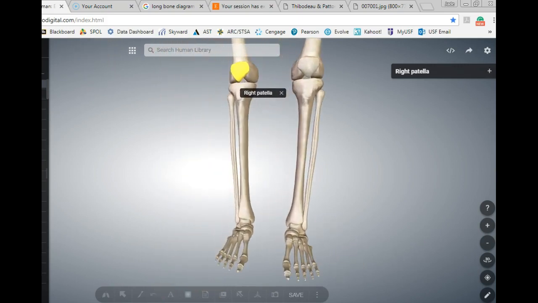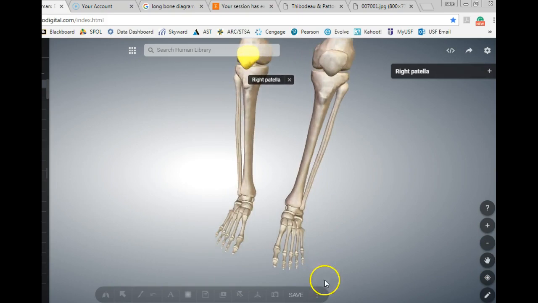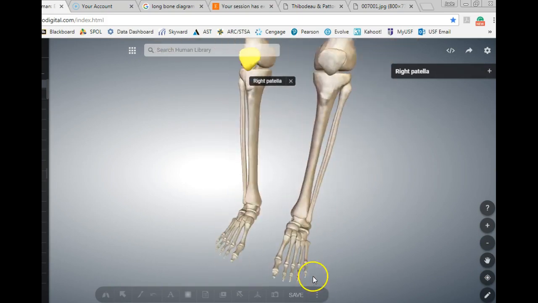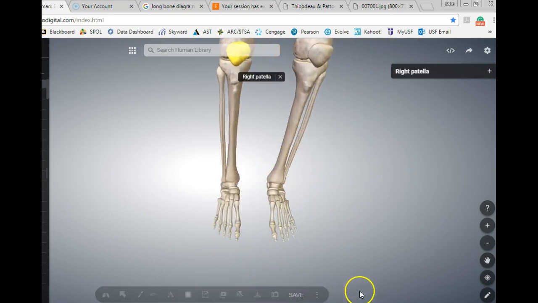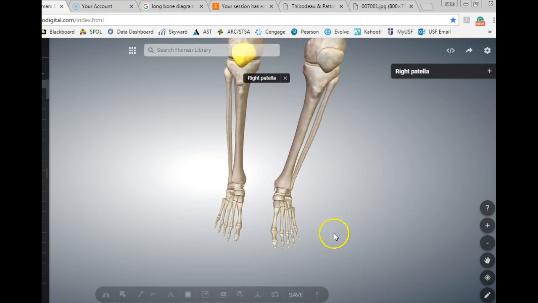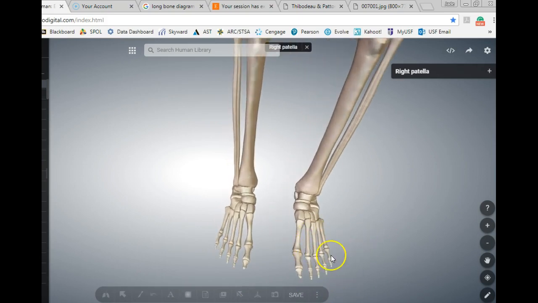The bones of the feet are going to be pretty similar to the bones of the hands, just a little different terminology. So we have the tarsals, metatarsals, and the phalanges here.